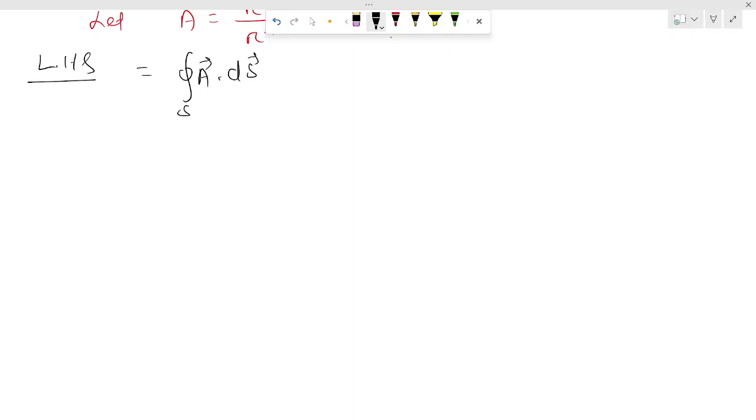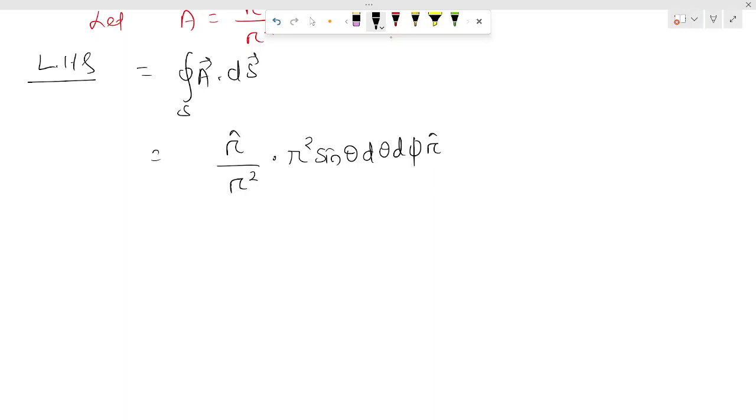Put the value of A here: r cap upon r square, and for dS take the spherical coordinate system. In spherical coordinates, the surface vector dS is r square sine theta d theta d phi r cap.